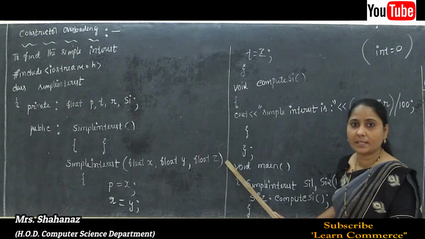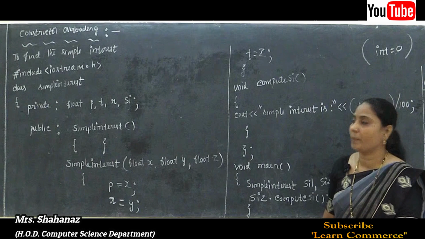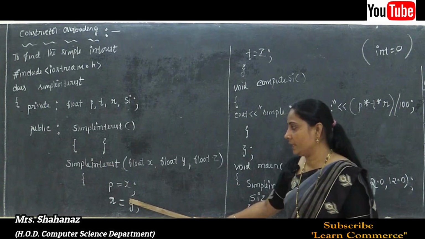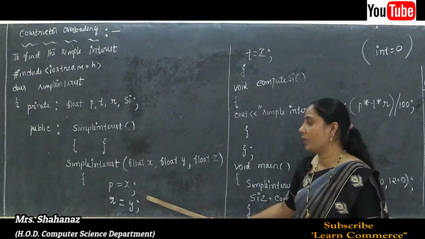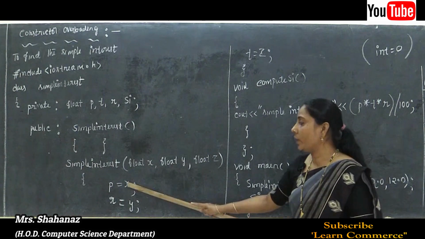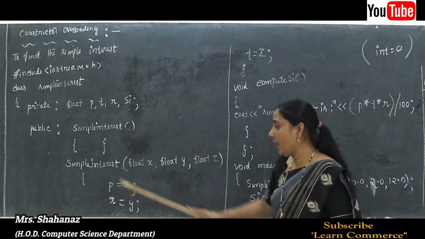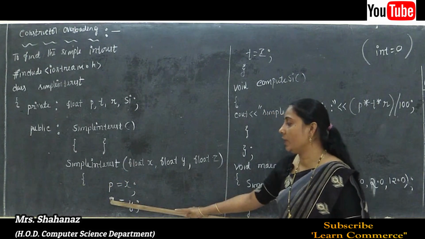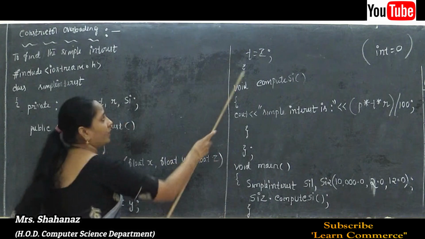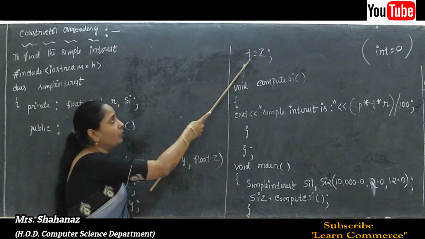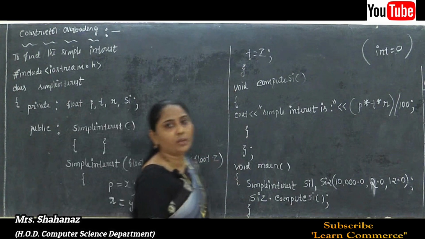Because it is the definition of the special member function SimpleInterest. And in this case I am going to copy from one to another. Whatever value is in x is going to be assigned to P, the y value is going to be assigned to R, and the z value is going to be assigned to the variable T, okay, and then the closing of the flower bracket.